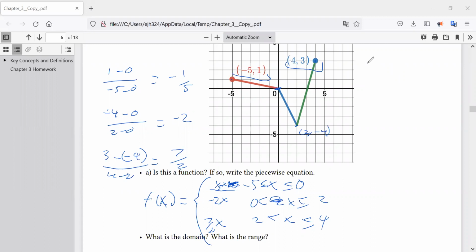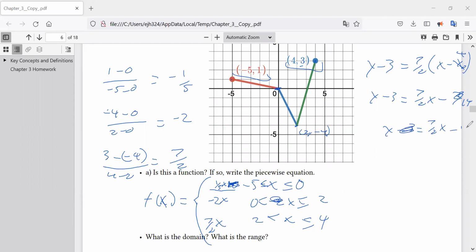So if we plug this into y minus y naught, we have y minus 3 is equal to 7/2 times x minus x naught, so that would be x minus 4. So y minus 3 is equal to 7/2x minus 14. Sorry, y is equal to 7/2x minus 11.